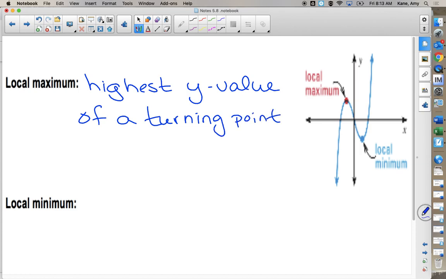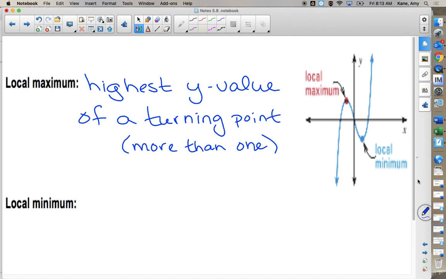You can have more than one local max, and usually we just call it the maximum value, because it's only based off of its turning point. So if I have a curve, the local max is the highest point of the curve. If I have 5 curves, I could have a couple of max values, the highest point of the turning point.